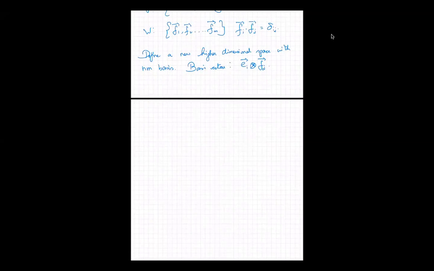So what are the vectors? Again, it's easiest to work with an example. Let me take n equals 2 and m equals 3. I can write my E1 and E2 vectors as 1, 0 and 0, 1.